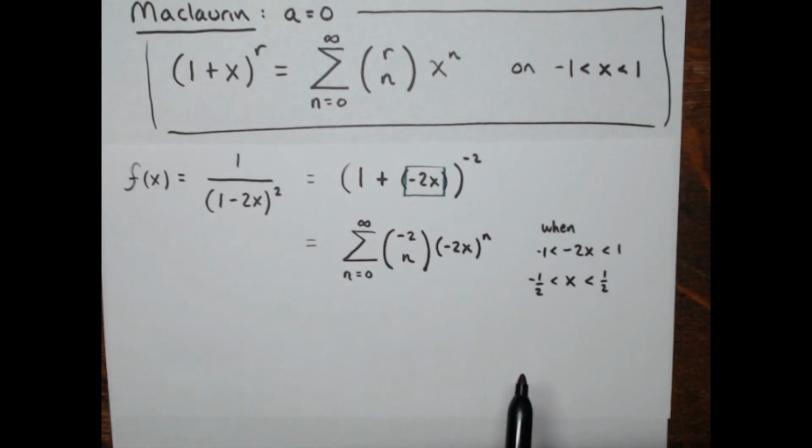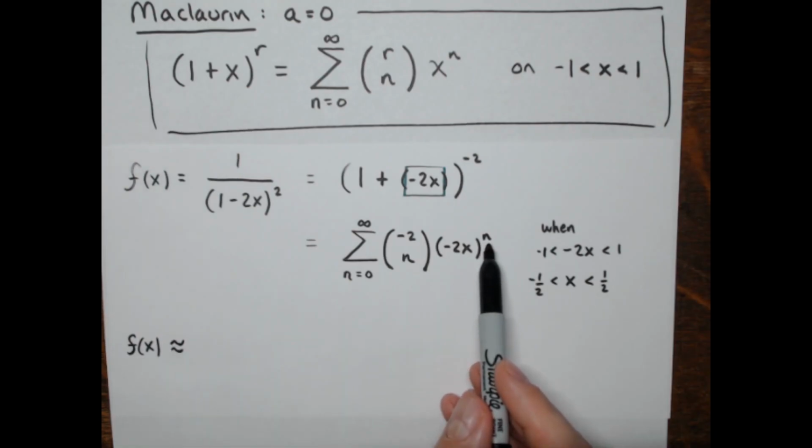Now they're asking us to use the third order Maclaurin polynomial. So f of x here, I'm going to say is approximately, and then we're just going to have to go out to n equals 3.